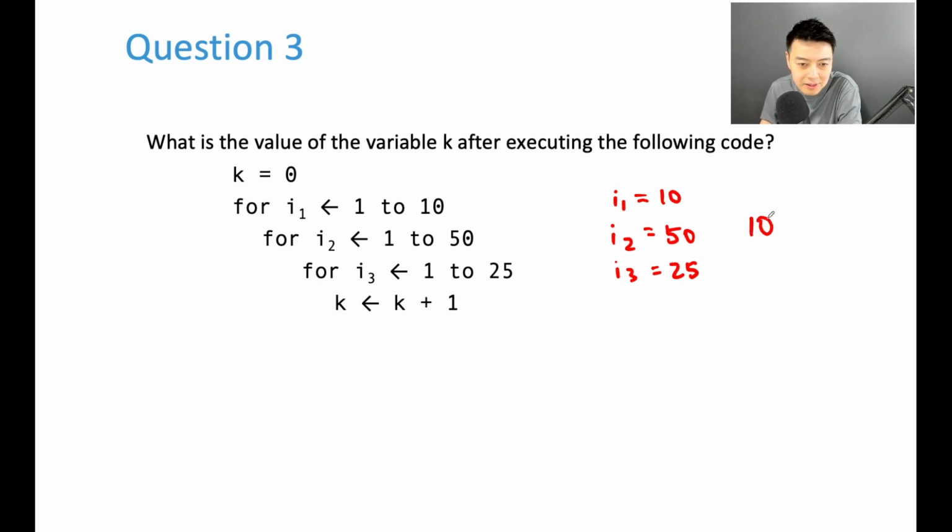The answer here is simply 10 times 50 times 25. This is a general idea: whenever you have for loops that are independent of each other, we just multiply the number of times they go around. This is how many times the variable k gets incremented, so this would be the answer for k.